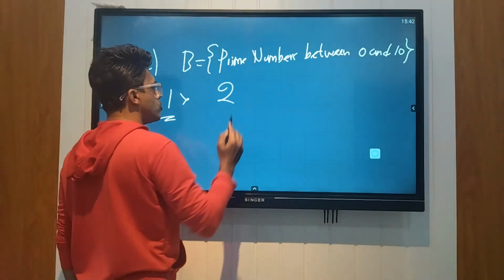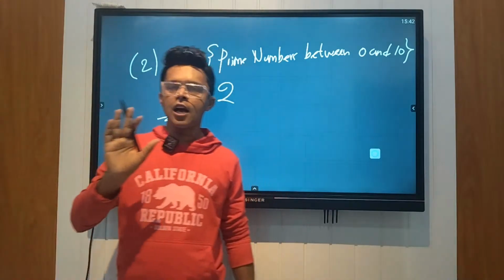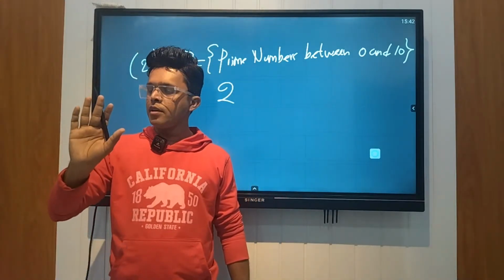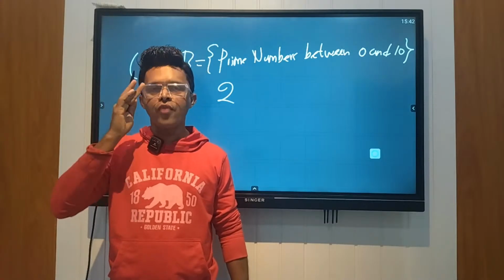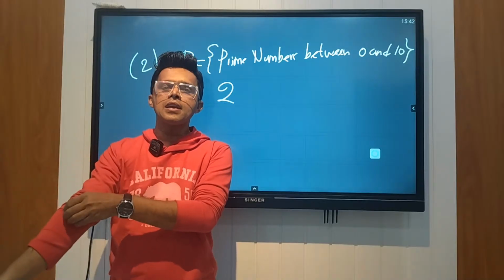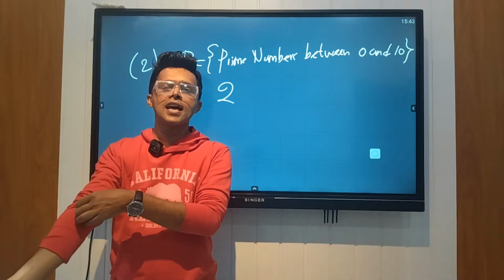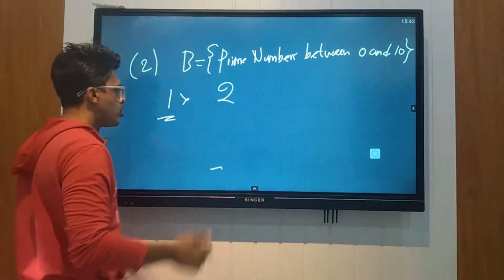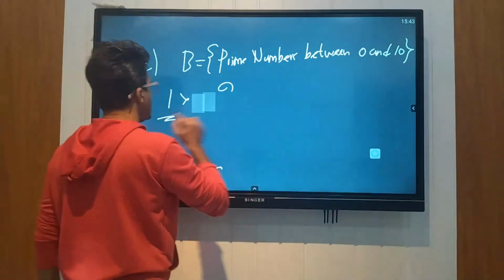Then how about 2? Prime numbers are numbers that have only 2 factors. Numbers that have only 2 factors can be named as prime numbers. Think of 1 here.